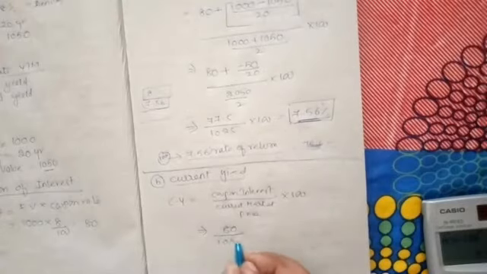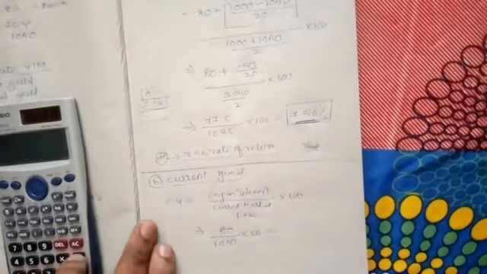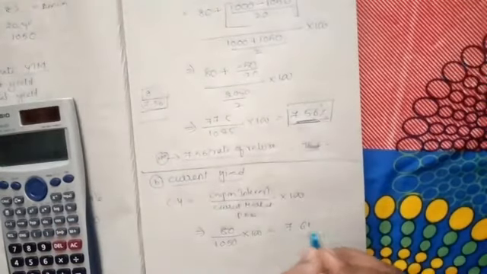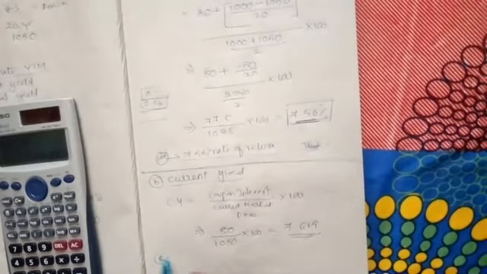It is selling in the market at 1050, into 100. So that is 80 divided by 1050 into 100, that is 7.619. This we will call the current yield. We are not getting a return of 8%, but we are getting a return of about 7.62.